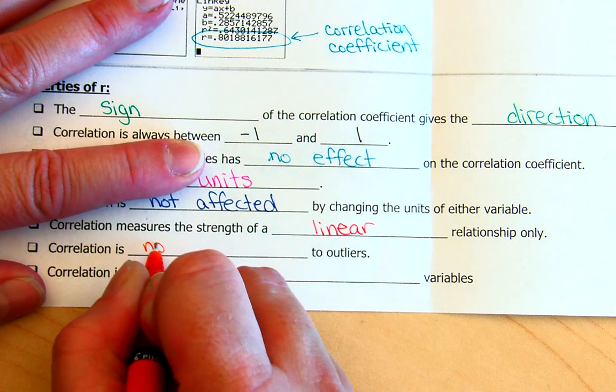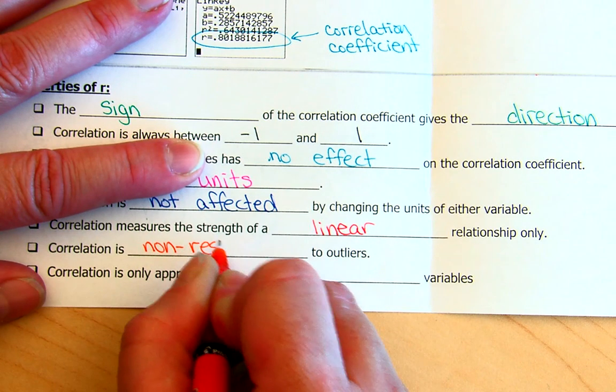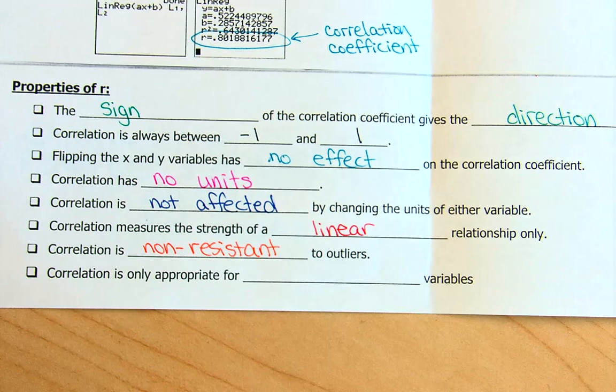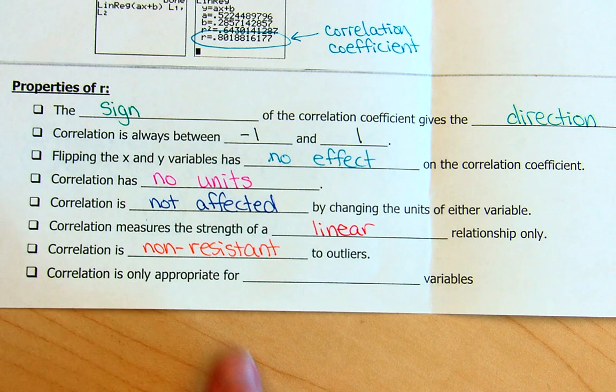Correlation is non-resistant. So non-resistant to outliers. We talked about resistance before when we were talking about describing distributions, and we talked about the median and the IQR. Those are resistant to outliers. They're not affected by those things because outliers are usually out at the ends of a distribution, and neither of those things are affected by those. This is kind of like whenever we talk about the mean, we talk about the standard deviation, those things that use every single data value in their calculation.